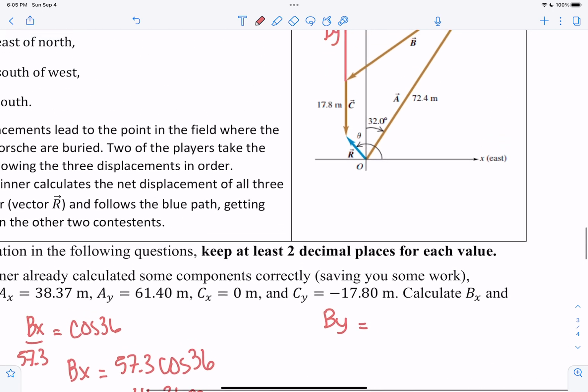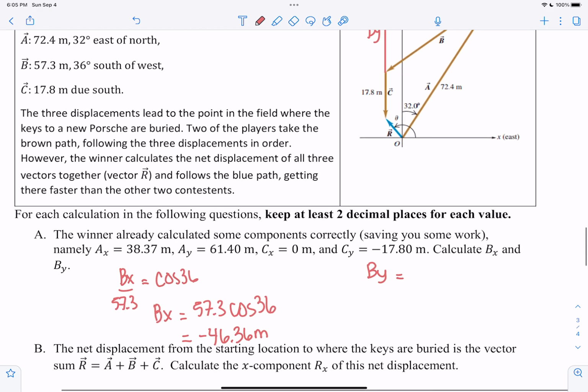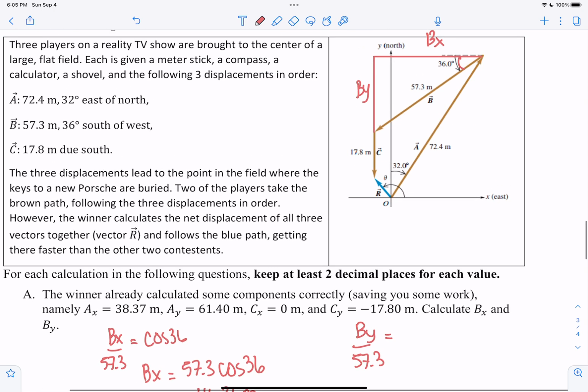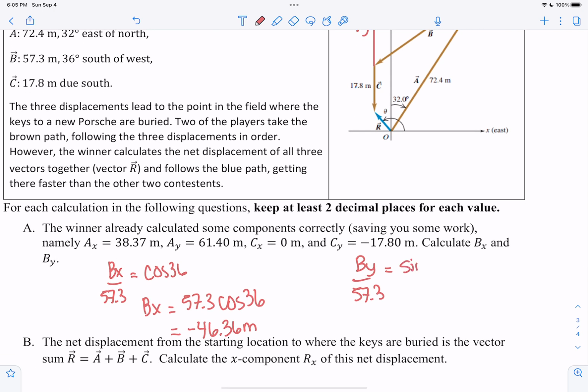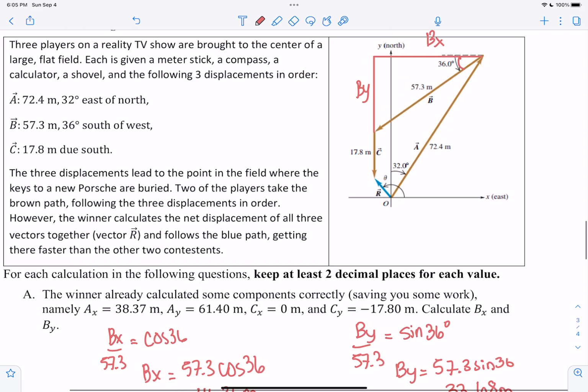So in that case, for our setup, by over 57.3 is equal to sine 36 degrees, right? So by is equal to 57.3 times sine 36, and then this will be a negative answer because it's moving south, and that should be around negative 33.68 meters.